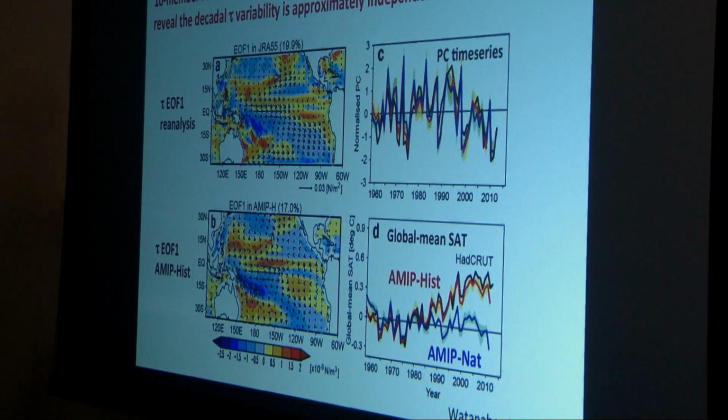That is not shown here, but the blue curve here is something like this. Therefore, in terms of global mean surface temperature, this natural run doesn't have the recent warming, but the historical run has a warming.